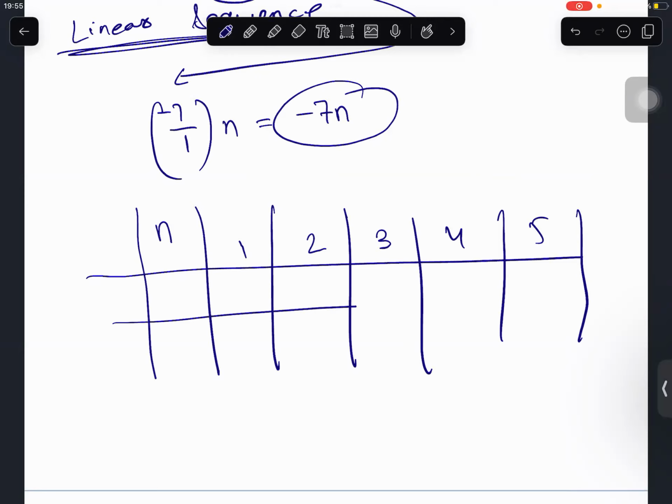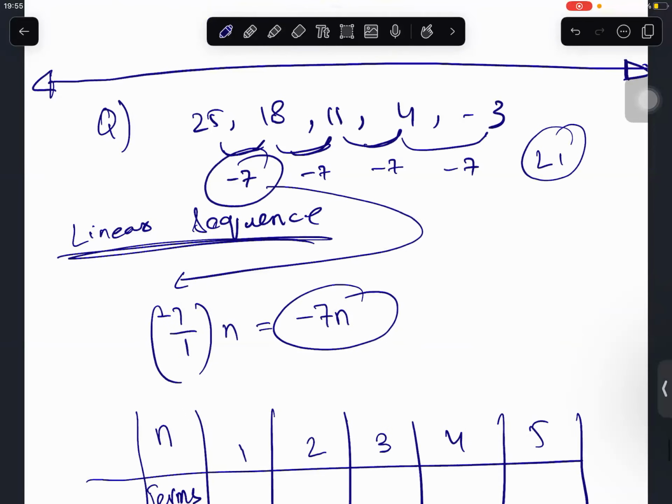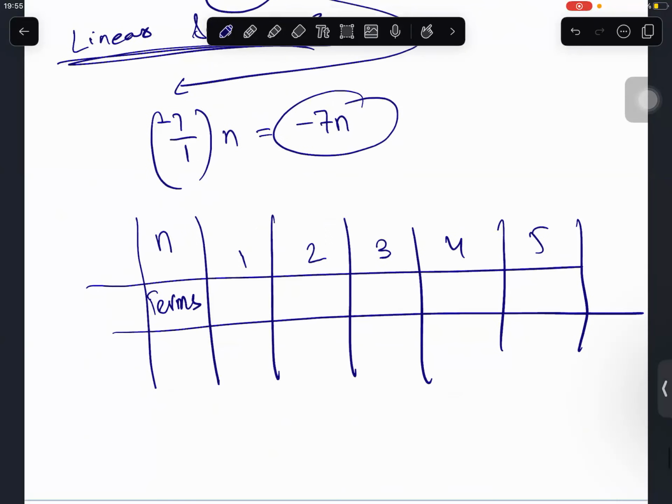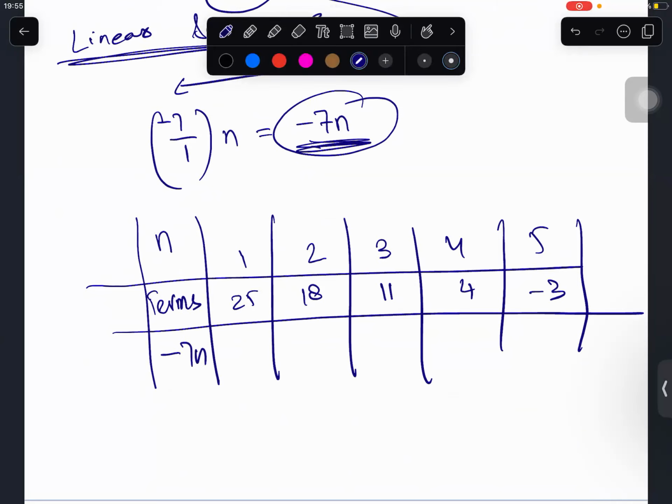After the values of n, we have to write the terms which were in the sequence, which are 25, 18, 11, 4, and -3. And now we'll use this term, -7n, so -7 times 1 would be -7 itself, then -7 times 2 would be -14.